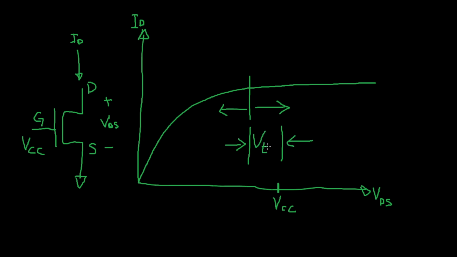You don't need to know the threshold of the device in order to use it, but it's good to know if you drive your output, which is right here at the drain, all the way up to close to VCC when the device is in the low state, then you're going to push it into saturation. The trouble usually is that saturation for many logic devices is going to be at a much higher current than what the device can actually handle.